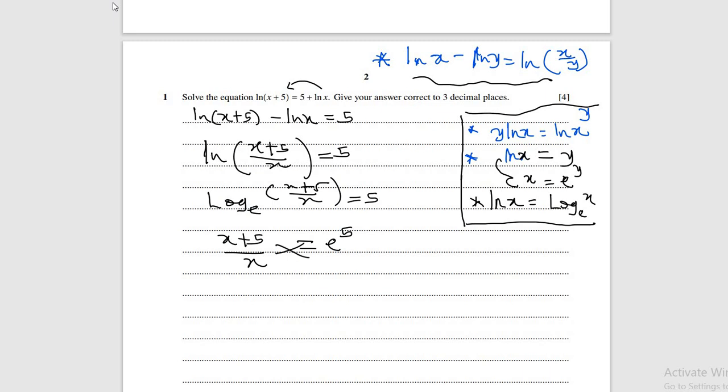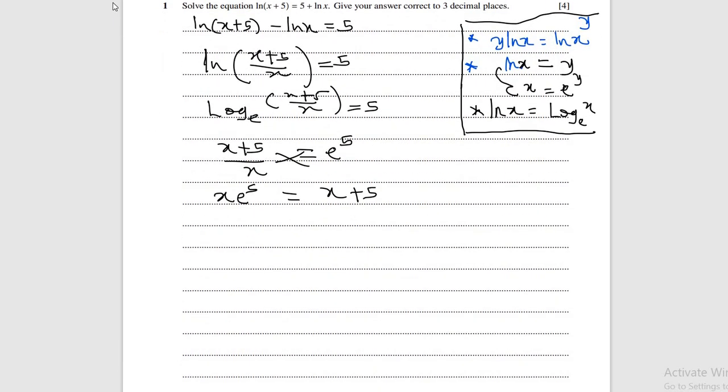Cross multiply. When you cross multiply, we have x e raised to power 5 equal to x plus 5. Now we arrange your equation. So when you arrange, as in collect the like terms, we have x e raised to power 5 minus x equal to 5.